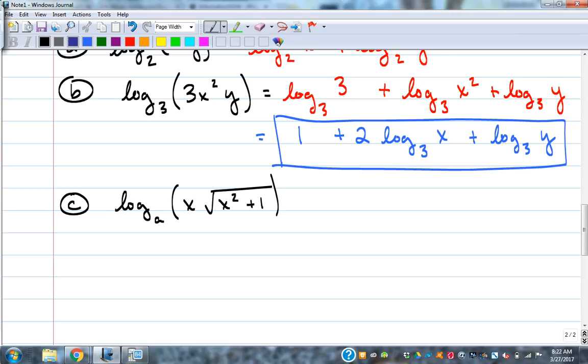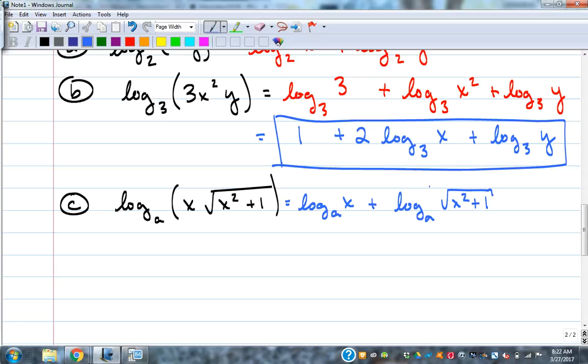So again, it's what kind of problem inside? It's multiplication with the x and then the square root of the stuff. Square root of x squared plus 1, because all of that is underneath the square root.